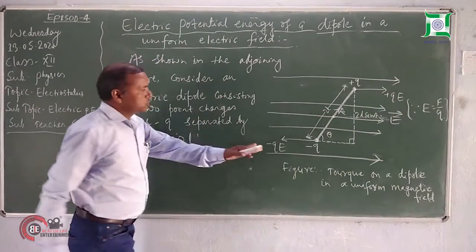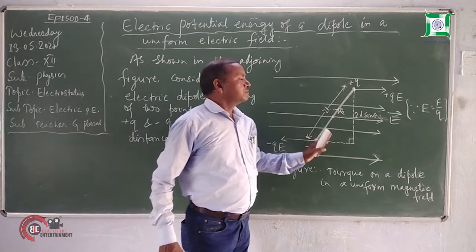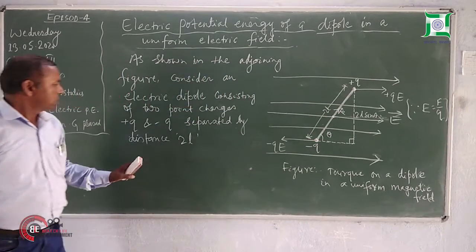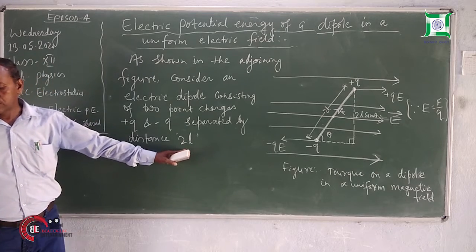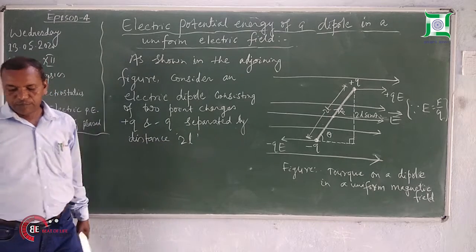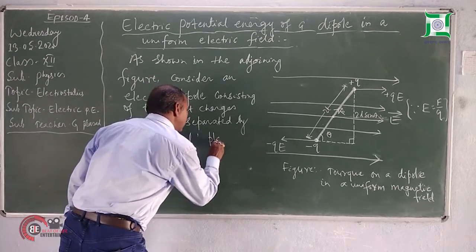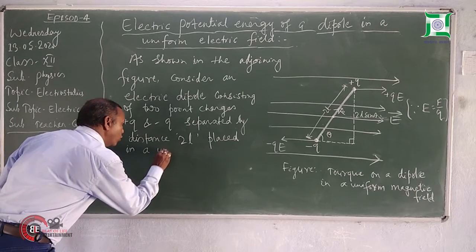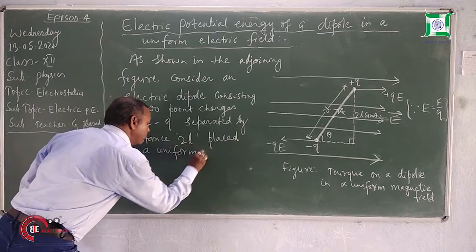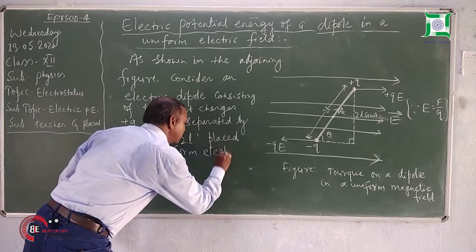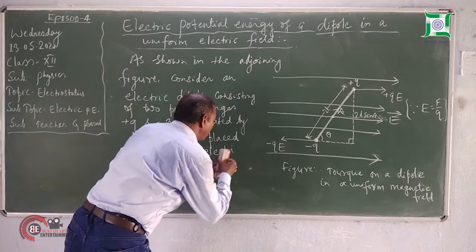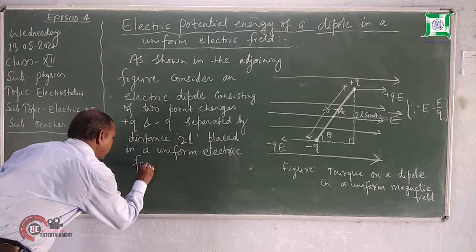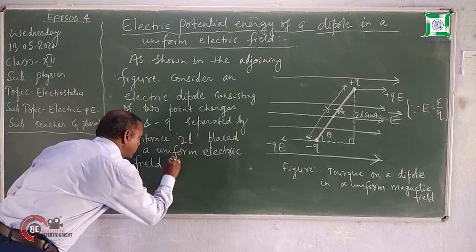So this is a dipole consisting of 2 point charges minus q and plus q separated by distance 2l placed in a uniform electric field E.